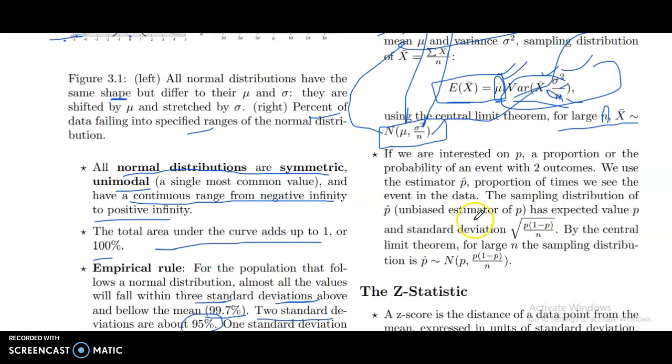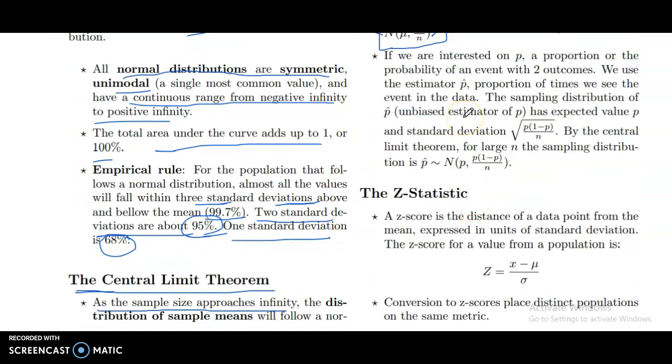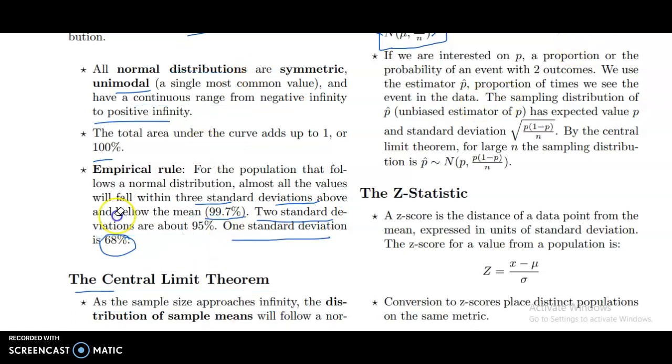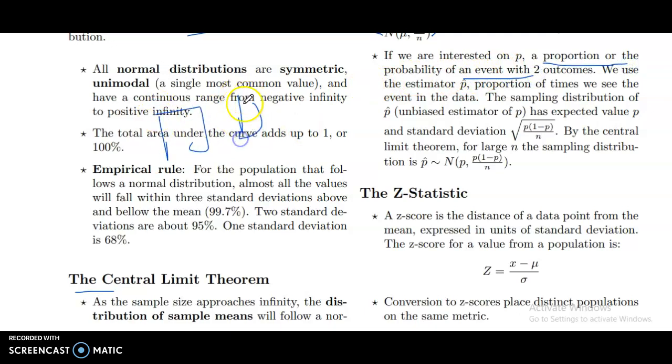If we are interested in p, a proportion or the probability of an event with two outcomes, we use the estimated proportion p cap from the number of times we see the event.